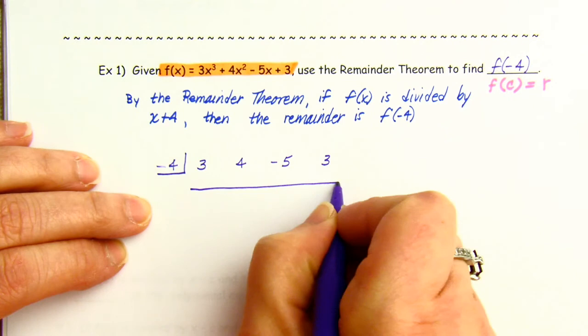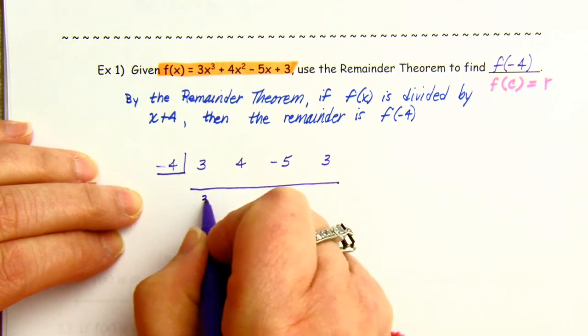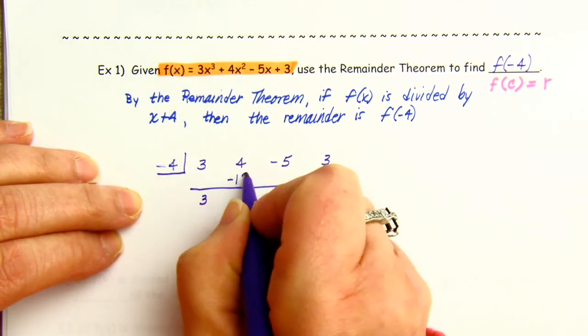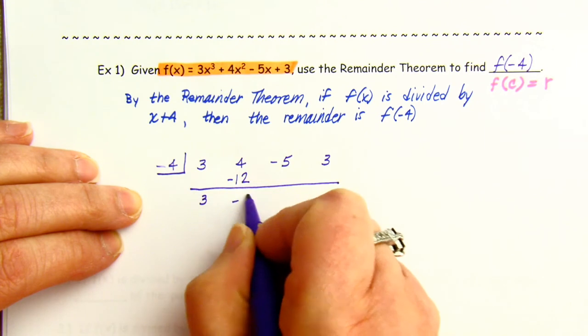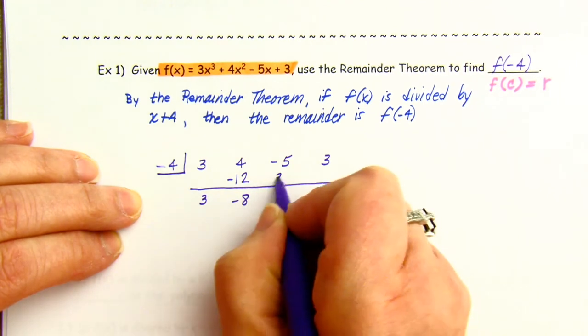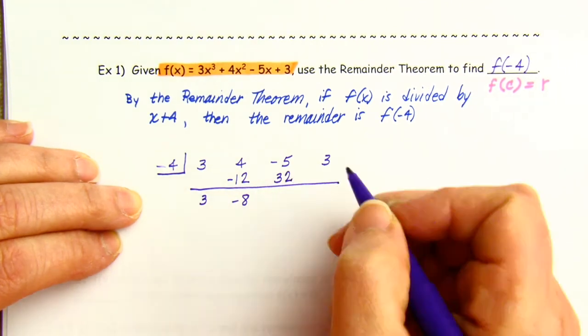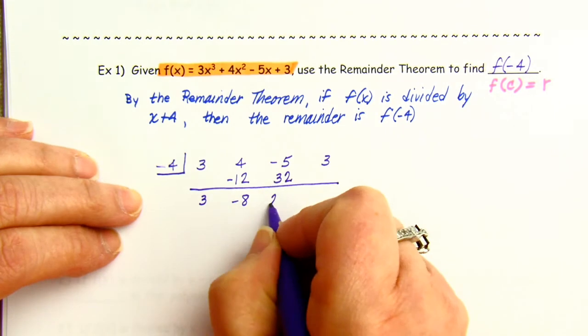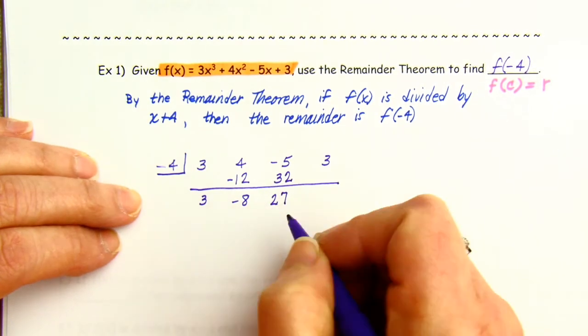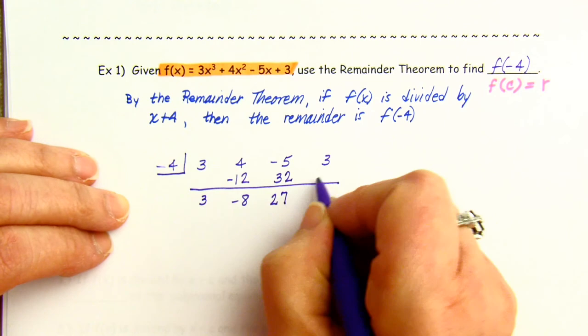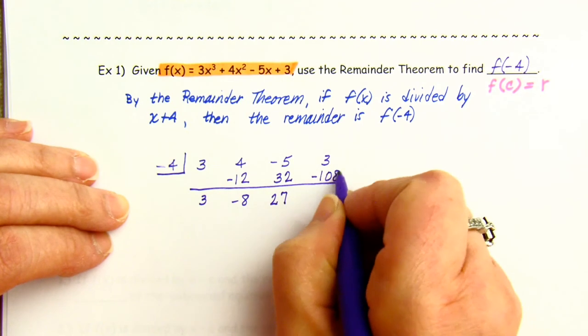So I drop down. On the diagonal, I multiply. I add. I multiply. I add. I multiply. I add.